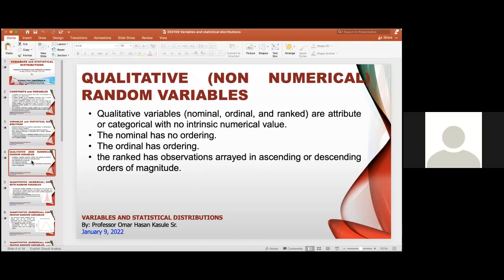Now, I want to talk more about the qualitative variables. These are the non-numerical variables. They don't use numbers, just description, wasfiyya. Qualitative variables can be nominal, ordinal, or ranked, okay? A nominal qualitative variable is when you just give somebody a name without any ordering, like you say man, woman, animal, human, car.